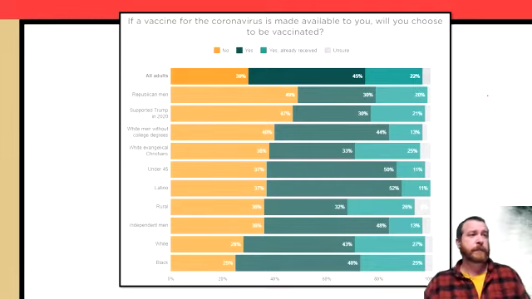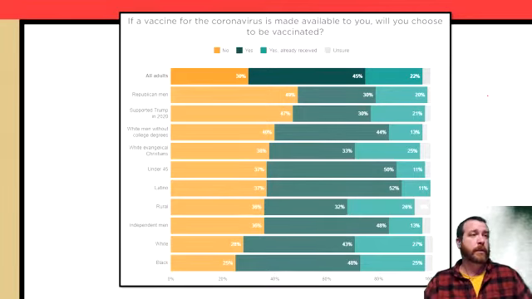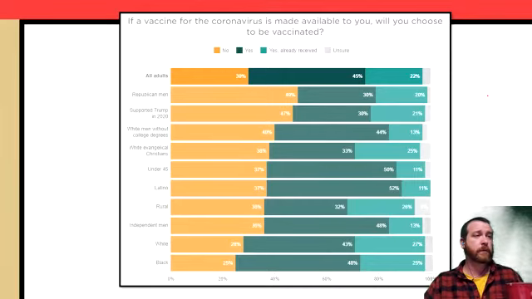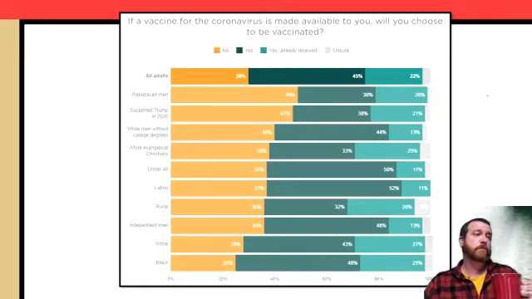Kendall, do you see this being mandatory for travel? Probably. In the same way that I can't go to Kenya, or parts of Kenya, if I don't have my yellow fever shot. I could very easily see this being something that is, at least on a state level, enforced.